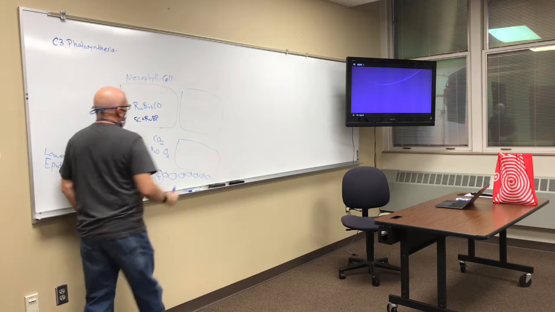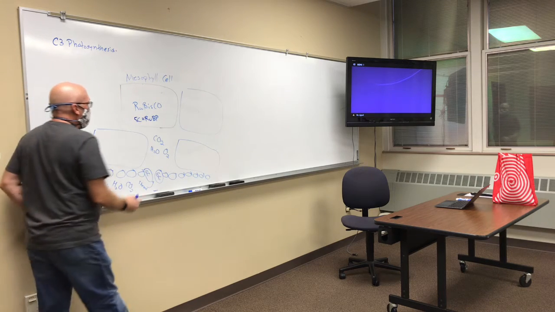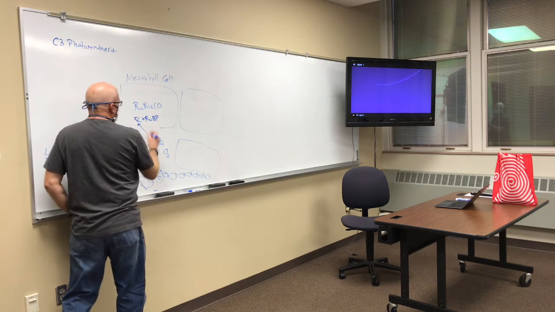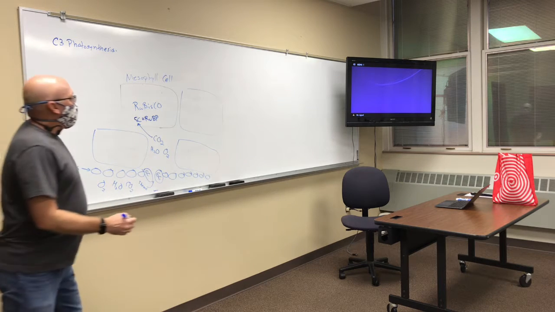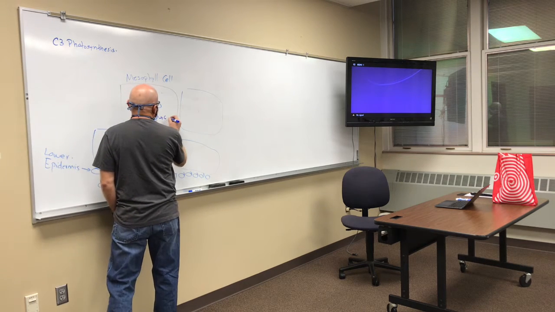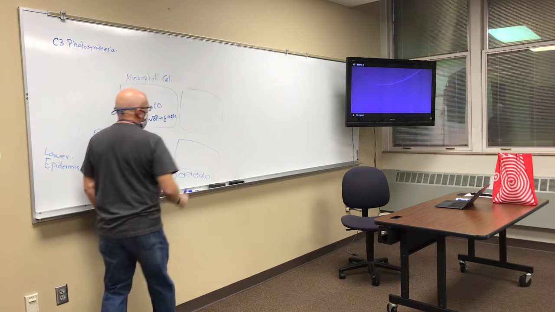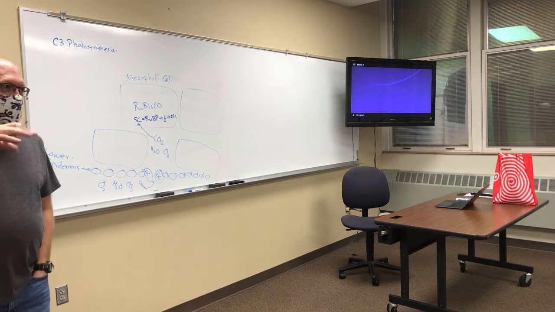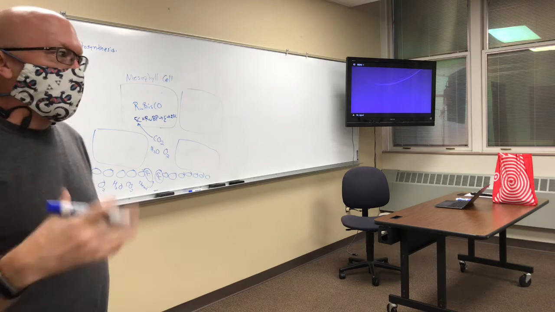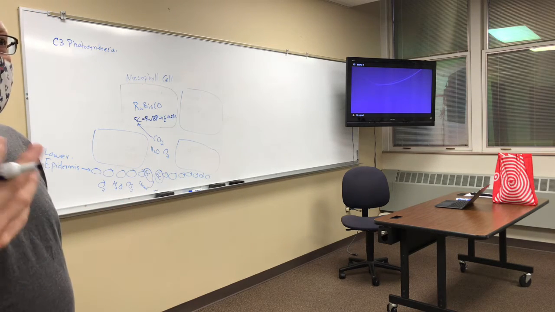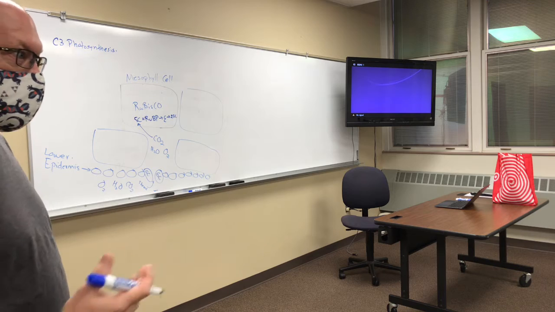What Rubisco does is it takes carbon dioxide and adds it to that 5-carbon compound. That gives you a 6-carbon compound that then breaks down into two 3-carbon compounds. That's just the details of carbon capture and the beginning of this process by which we take those carbon dioxide molecules and convert them into a glucose molecule.